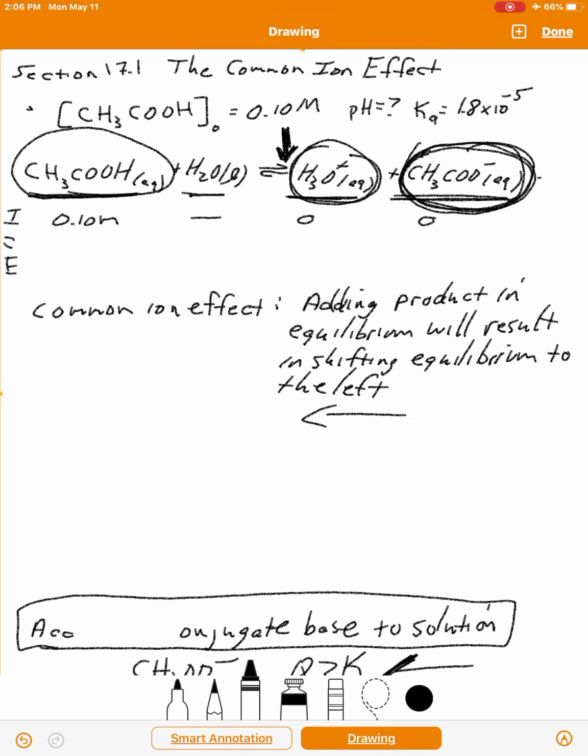That way, right? And so for weak acids, if you add to that the conjugate base, that will result in the pH increasing. Adding the conjugate base will increase the pH. That is an example of what we call the common ion effect.